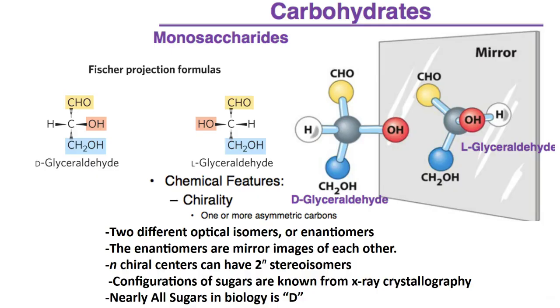We also have the Fischer projection formula of these carbohydrates. They have an example of D-glyceraldehyde and then L-glyceraldehyde. This is very similar to what we've seen with amino acids. We have this chiral center.